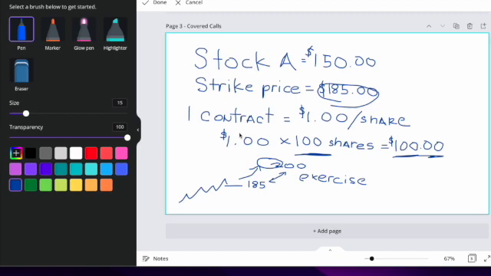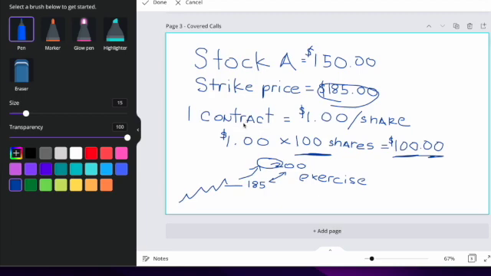A contract is equal to 100 shares, right? So when you're dealing with stock options, we need to remember that each contract we buy has an equivalent of 100 shares inside of it. Now, you're not buying these shares outright, which is why you see that stock option contracts sell for a cheaper price than, let's say, a stock may sell for on the stock market.